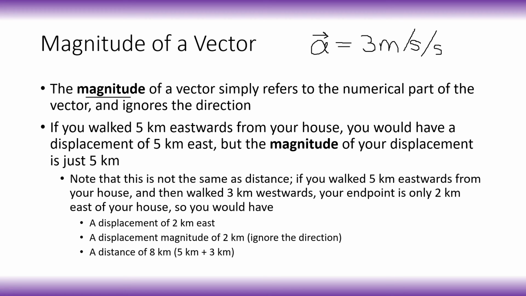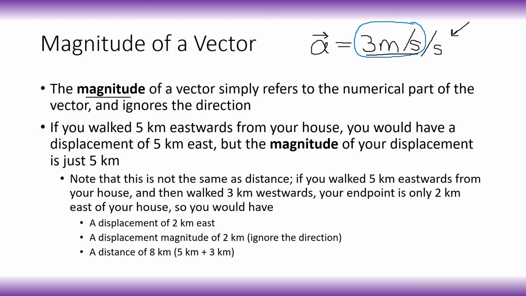And what that means is that my velocity changed. So remember, velocity is just like speed, and speed is a distance divided by a time. So this right here is a speed. So I'm saying that my acceleration is that my speed increased by 3 meters per second every second. And that's what this extra S down here is for.